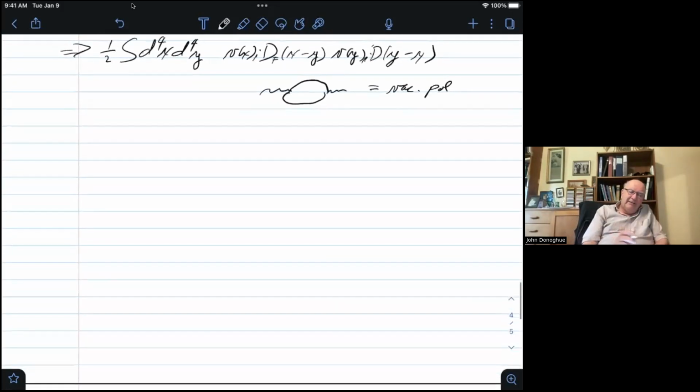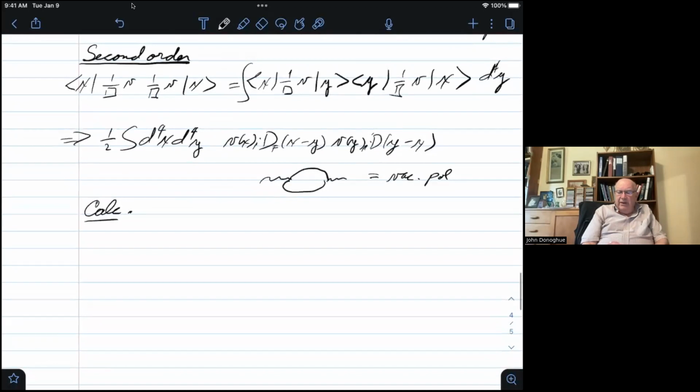Okay, at this stage, there's some calculational games. In V, there's various derivatives. I'm going to play, there's in the A field, so there's in here, we've got things with A's and derivatives. I'm going to take derivatives and sometimes integrate them by parts, such that all derivatives act on the D's.